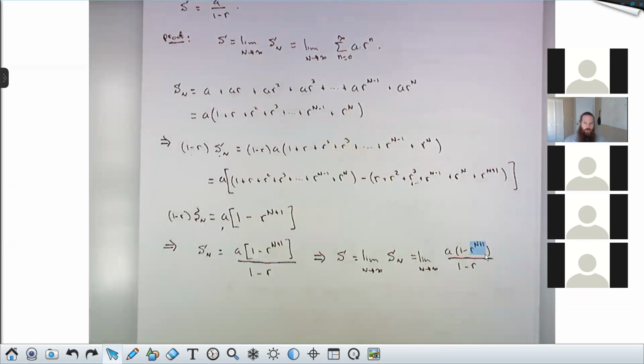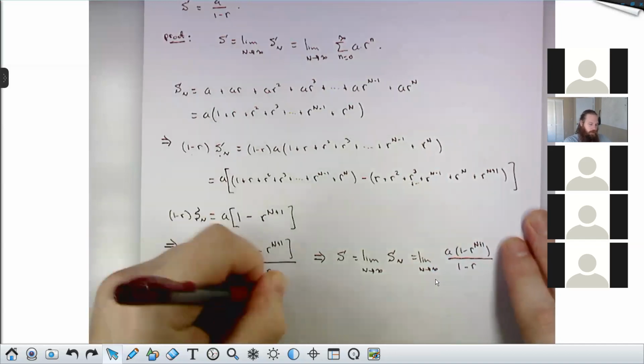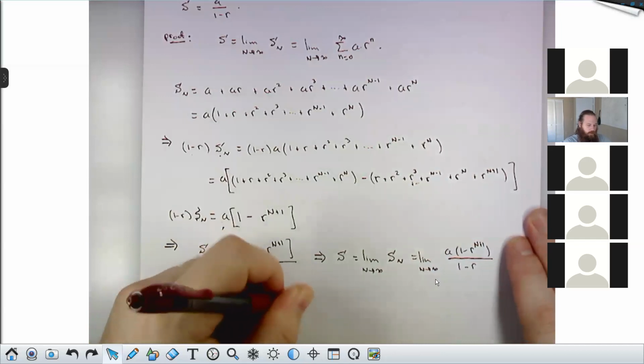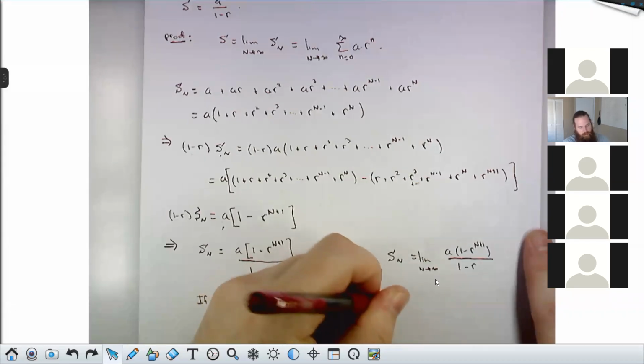If the absolute value of r is smaller than 1, then this piece right here, r to the n plus 1, will go to 0. If the absolute value of r is 1 or larger, then this thing will go to infinity as n goes to infinity, or it'll bounce back and forth between plus infinity and minus infinity. So if absolute r is less than 1, then the limit as n goes to infinity of r to the n plus 1 is 0 and does not exist otherwise.